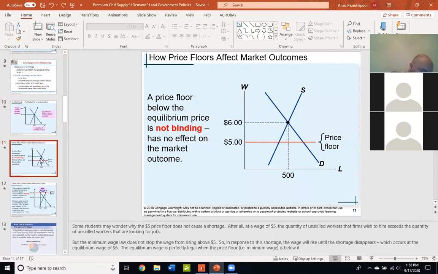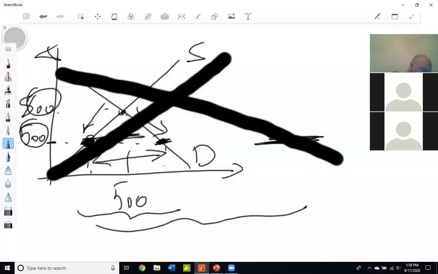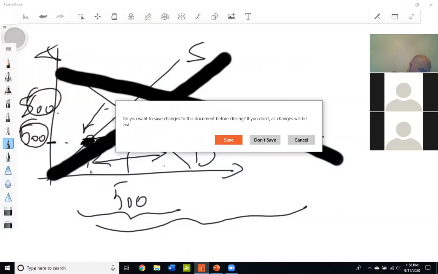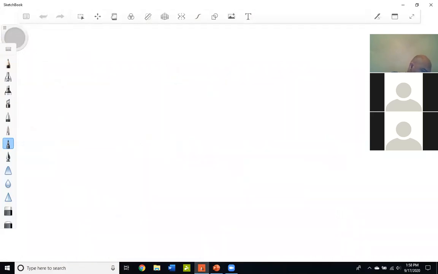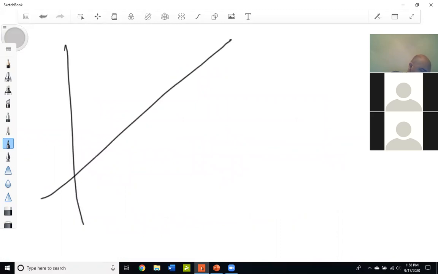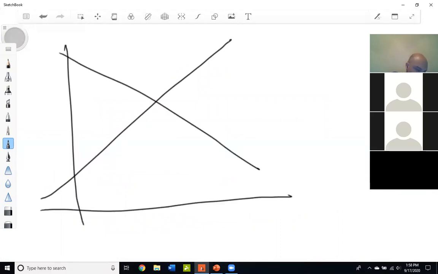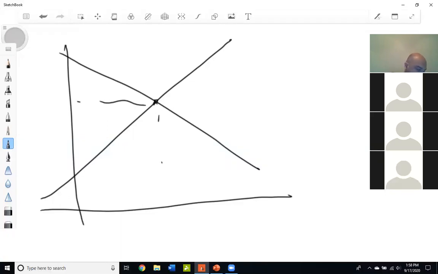Now, let's say this is the labor market. We negotiated at this price. And then the government would arrive and says, okay, I'm going to introduce a price floor, meaning that you cannot go below it at this level.